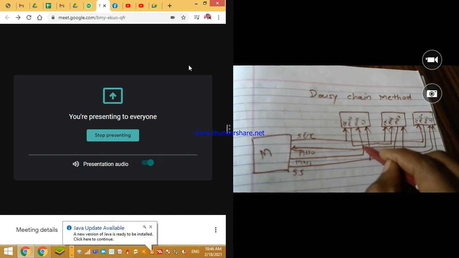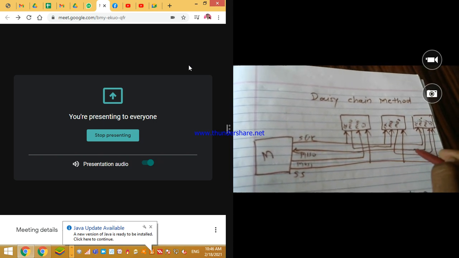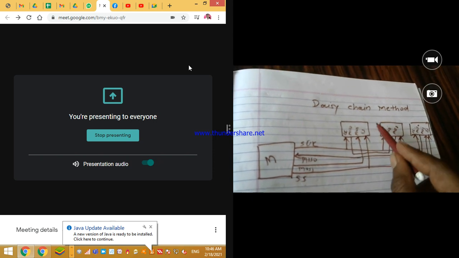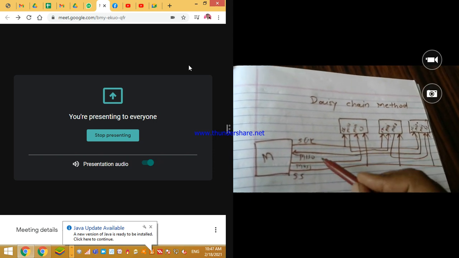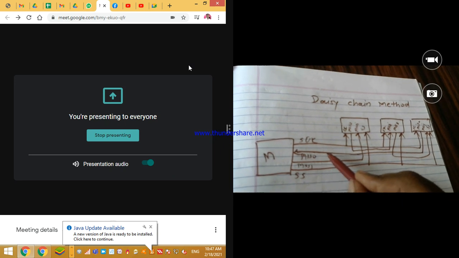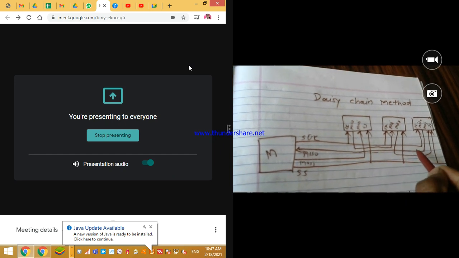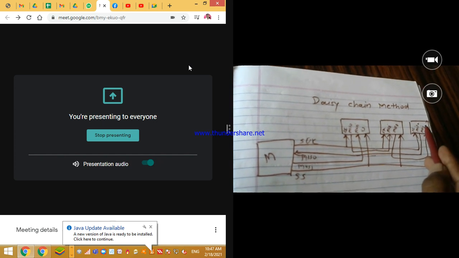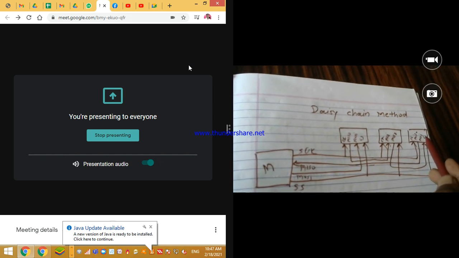There is no connection to the remaining two slaves over this MISO wire. This is directly connected to this last device, right?